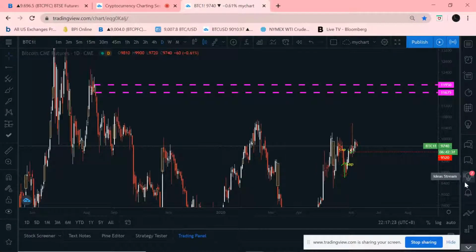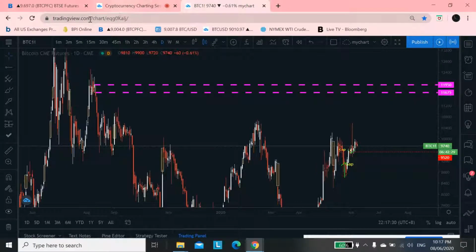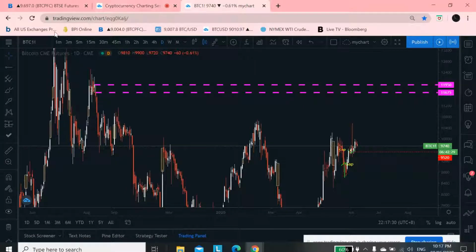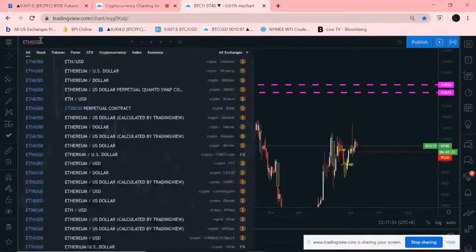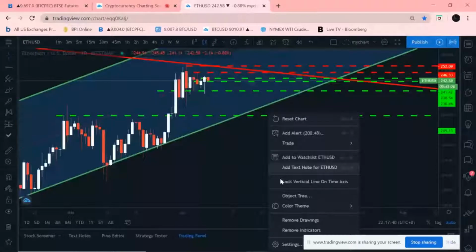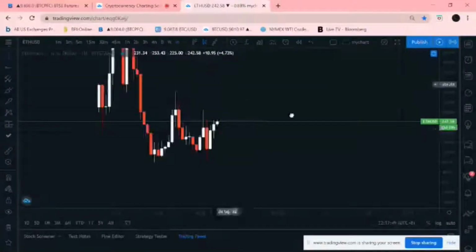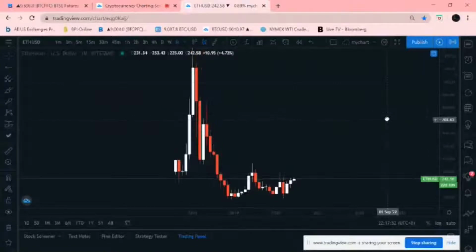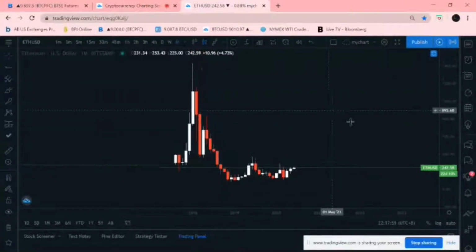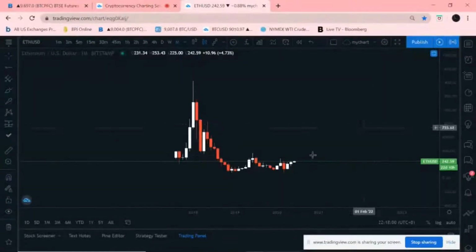Now let's move on to the ETH USD. So for ETH, this is the whole chart of ETH. If you look at the monthly chart, it's already near the resistance, which is around 278 level.